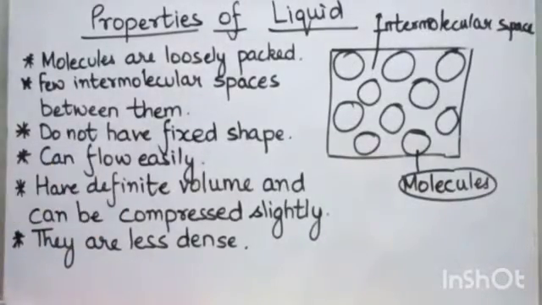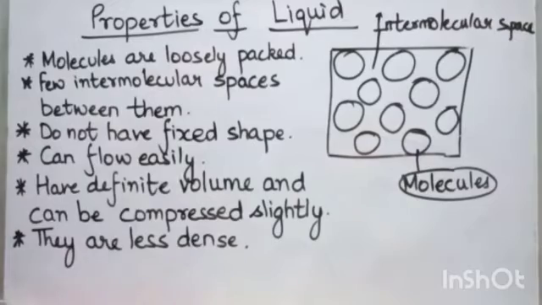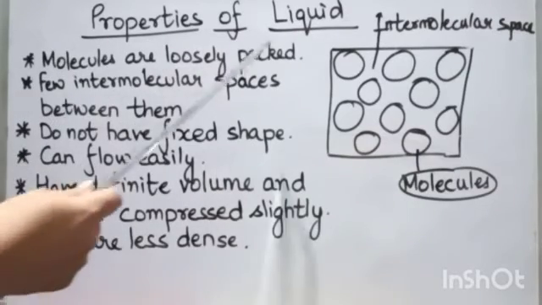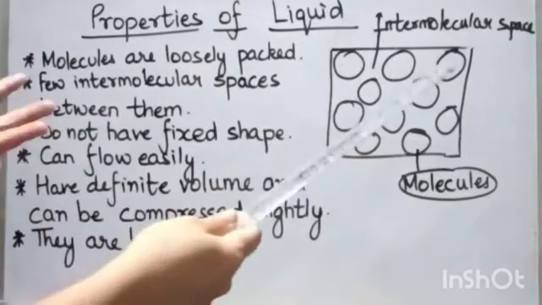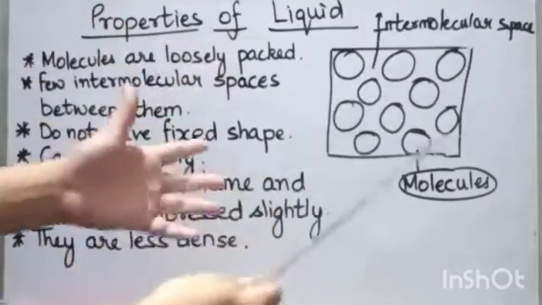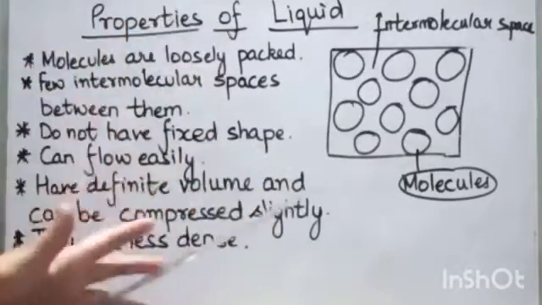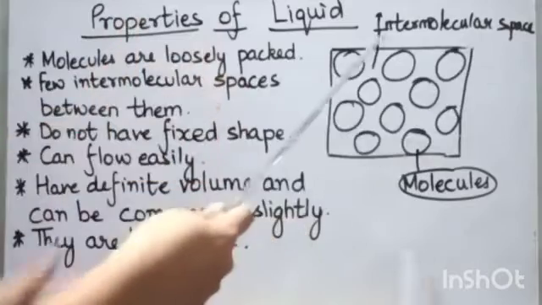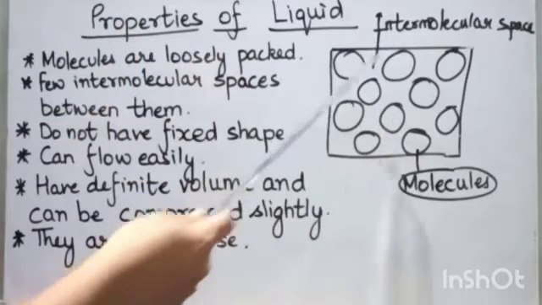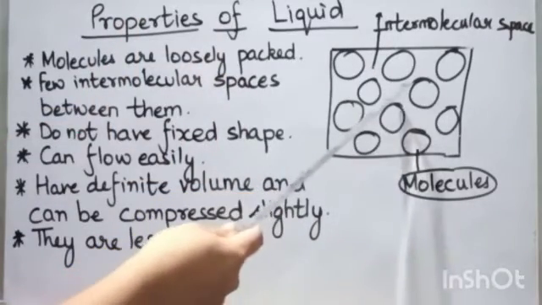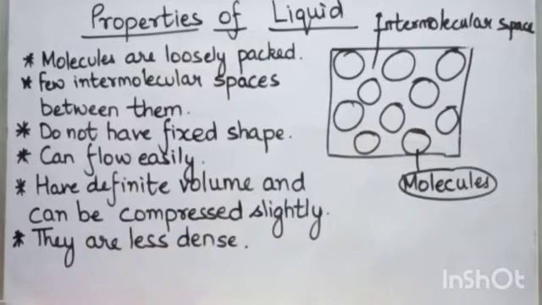These are the properties of liquid. First one is molecules are loosely packed. Unlike solid, here you can see in liquid, molecules are loosely packed and there are intermolecular spaces between them. And they do not have a fixed shape.